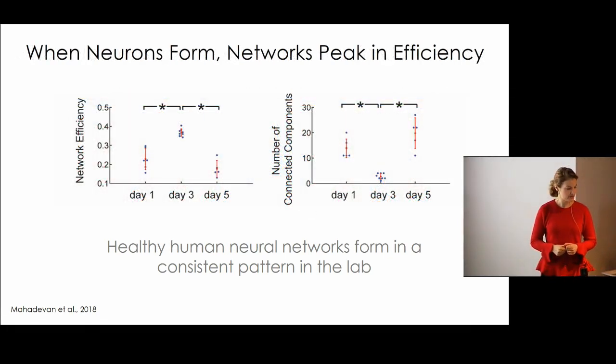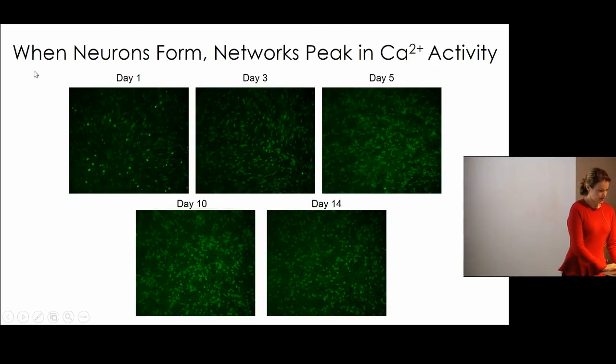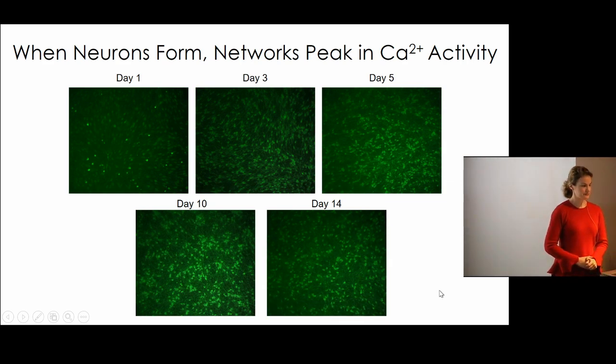That's what we're showing here too. You can see this also by the videos. So at day 1, they're relatively active, but at day 3, they're extremely active in their correlative activity. And by day 5, while they're much more mature neurons, there's very little activity by these assays.